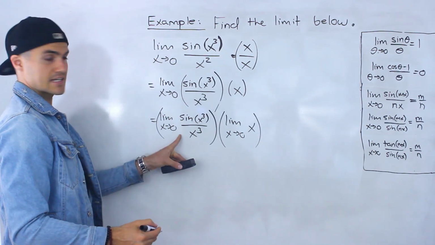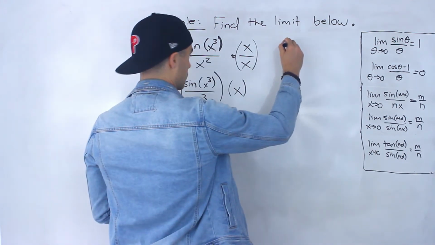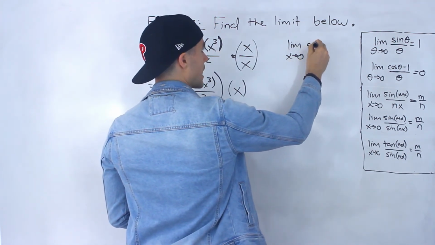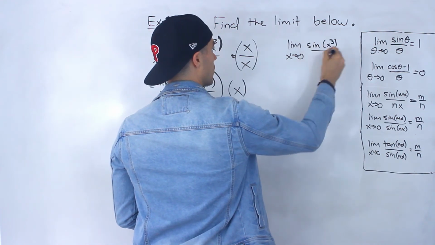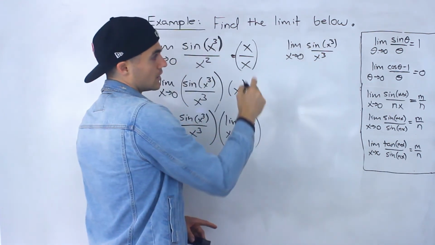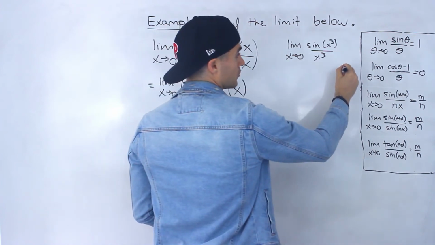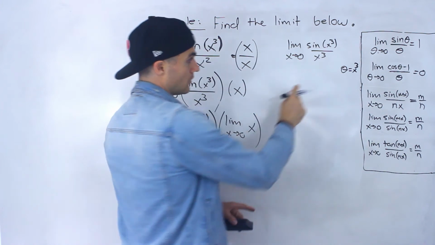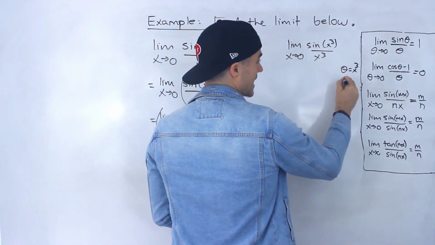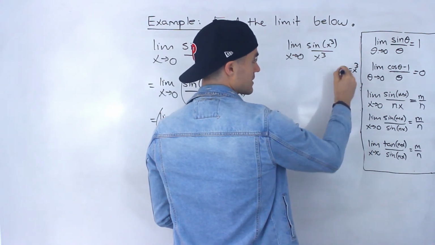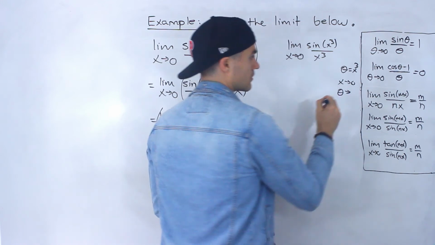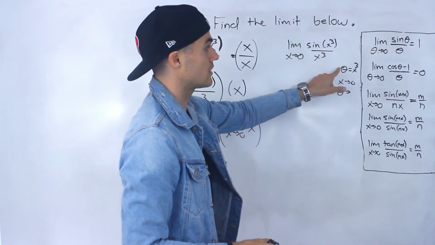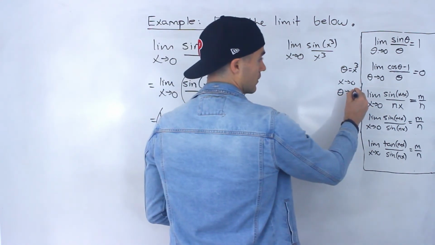And now notice this here, this limit, if we rewrite up here, we got sine x cubed over x cubed. Notice that we could do a change of variable because we could say theta is equal to x cubed. And notice that if theta is equal to x cubed, as x approaches 0, what's the theta approaching? The theta is going to be approaching 0 as well, because 0 to the power of 3 is 0.